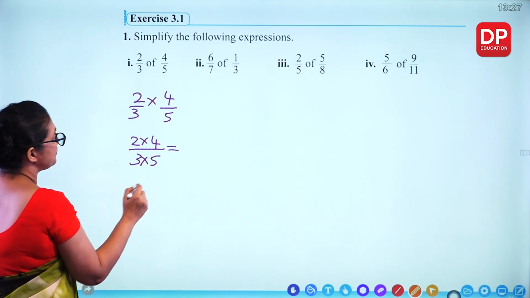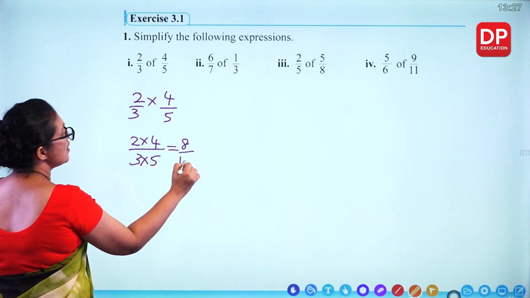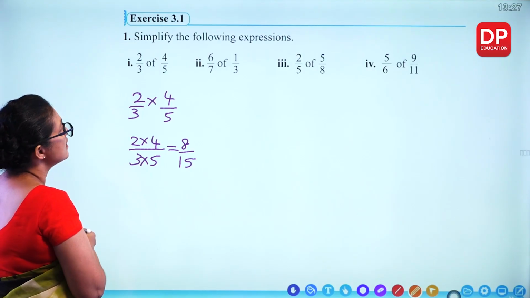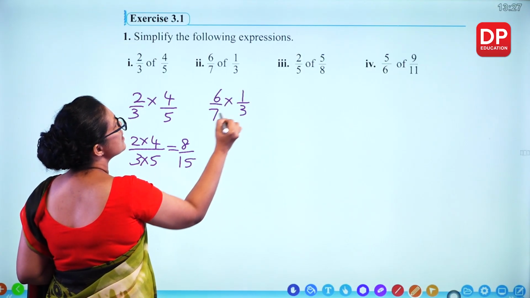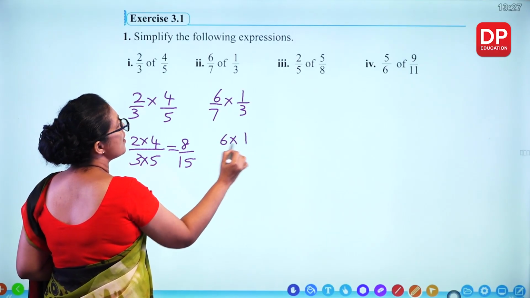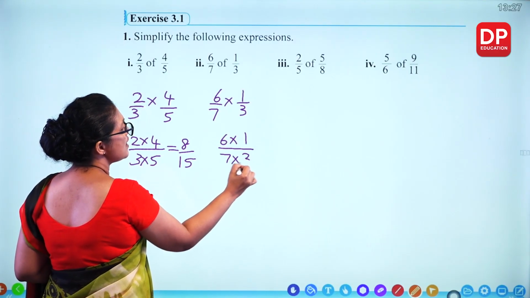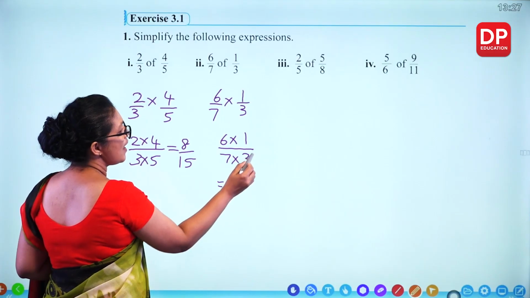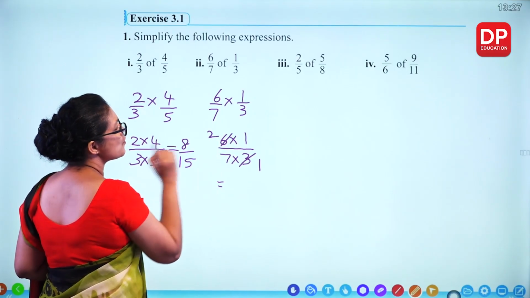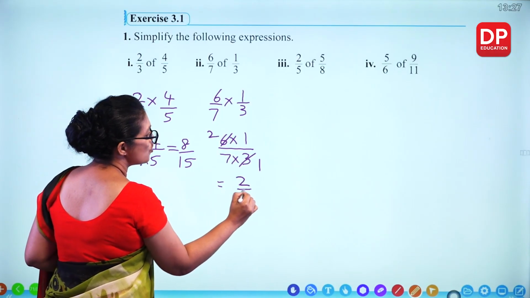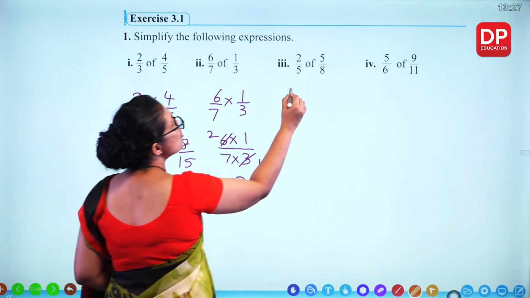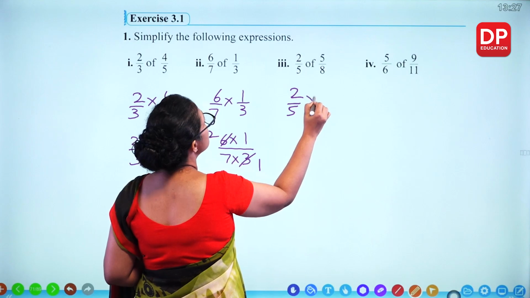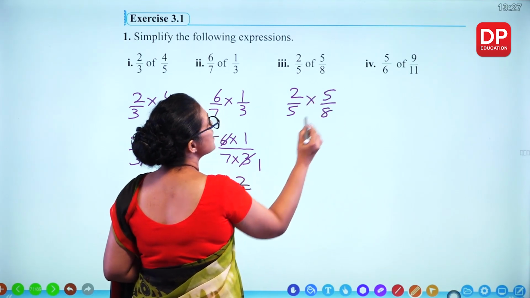Answer is 8 over 15. This one, 6 over 7 multiplied by 1/3. 6 times 1 and 7 times 3. You can simplify 3 times 1 and 3 times 2. So you get 2/7.